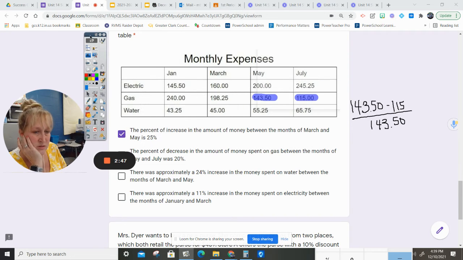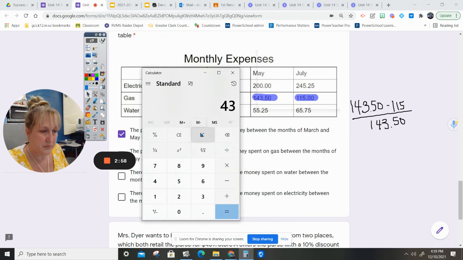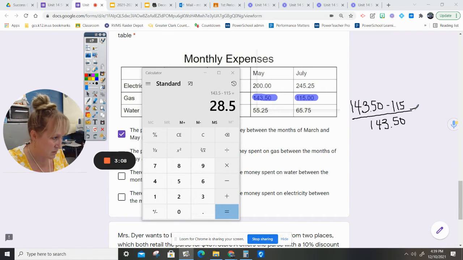I don't know the answer to that, so we're going to use our calculator. 143.50 minus 115 equals 28.50. I'm bringing it over so that I don't forget. 28.50.